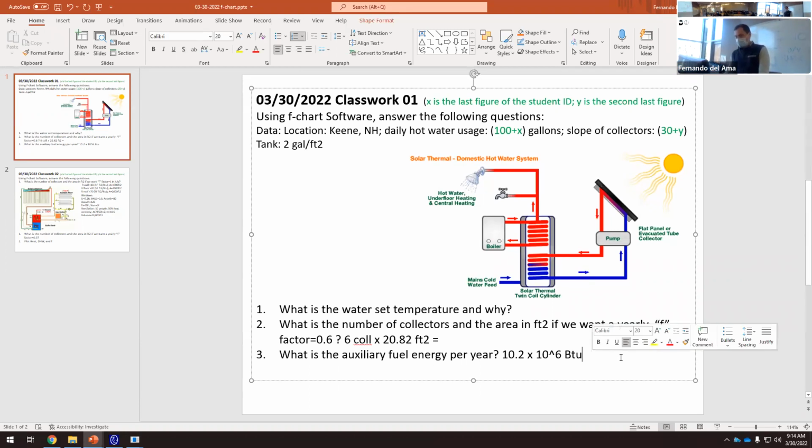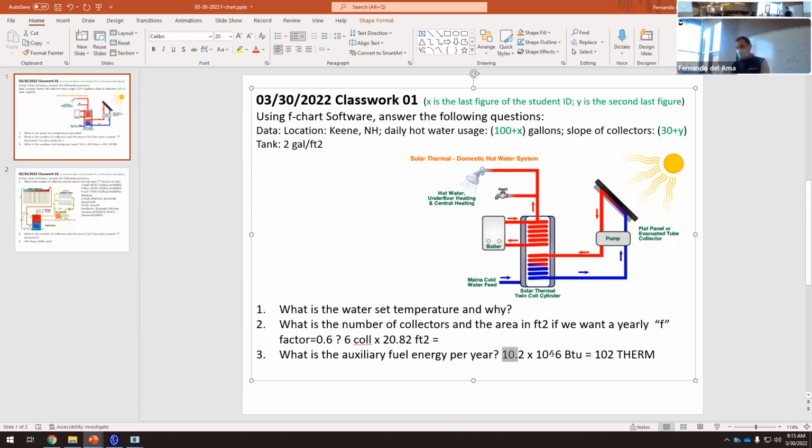How can we turn this into therms? How many BTUs do we have in one therm? 100,000, so it's 10 to the power of 5. If we divide this, I think it will be 102 therm.